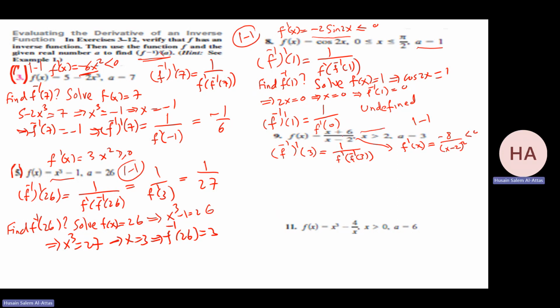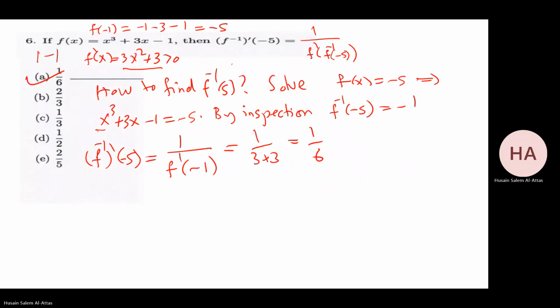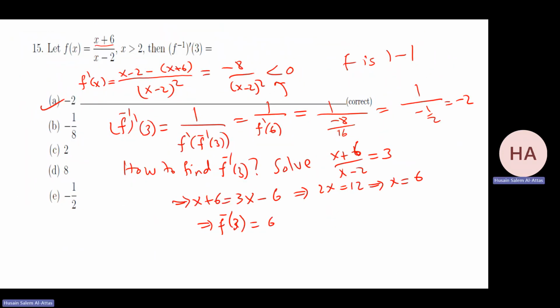We have x greater than 2. Okay. So I have to find f inverse at 3. How do we solve? f of x equals 3. That implies (x plus 6) over (x minus 2) equals 3. If we solve this, as I said, we did it here. So I have x equal what? 6.